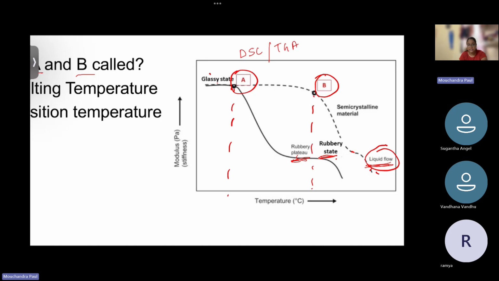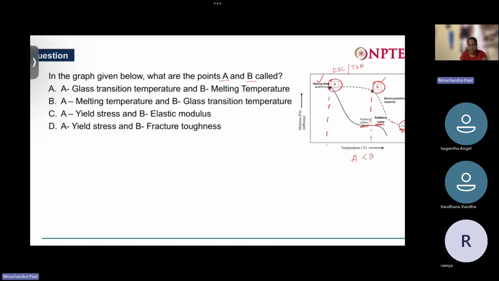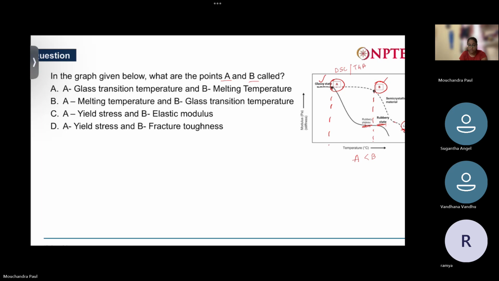So from the glassy state to liquid state is happening in this particular curve. So what will this temperature be called? And also note B is greater than A. Now these are the options that are given to you.